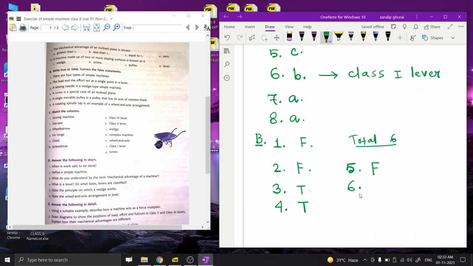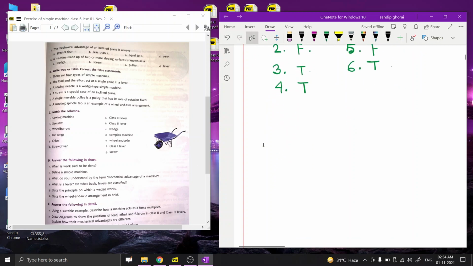And we move to our next point: a rotating spindle tab is an example of a wheel and axle arrangement. That is true, because in this case there is a wheel and axle arrangement.